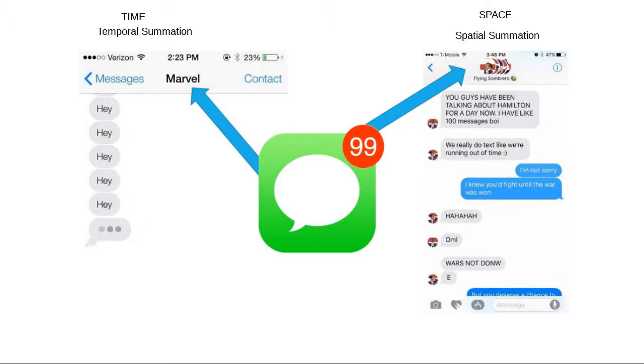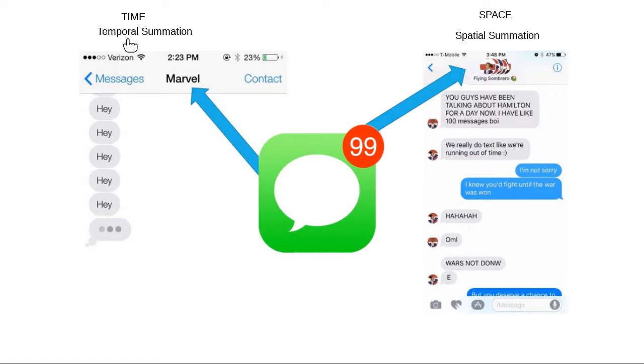I'm trying to think of a good way to describe it. Spatial summation is when more than one part of my neuron gets a message from different neurons that are talking to it, and it adds all of those messages together. So spatial summation, more than one neuron talks to me. Temporal summation, one neuron talks to me repeatedly.